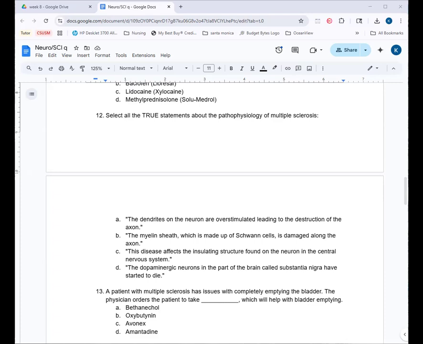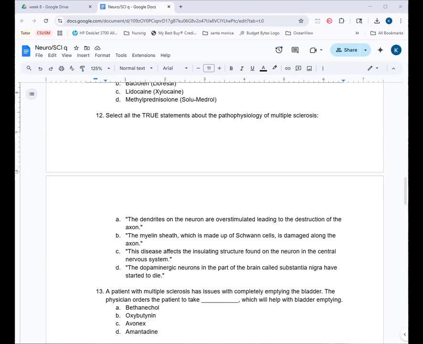All right. Anyone else? Cool beans. So the answer for 12 is B and C. So you have the damage of the myelin sheath from the immune system.